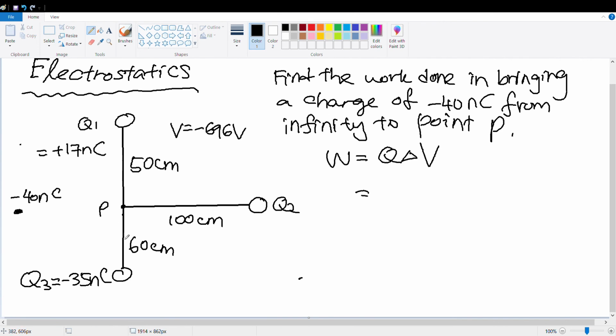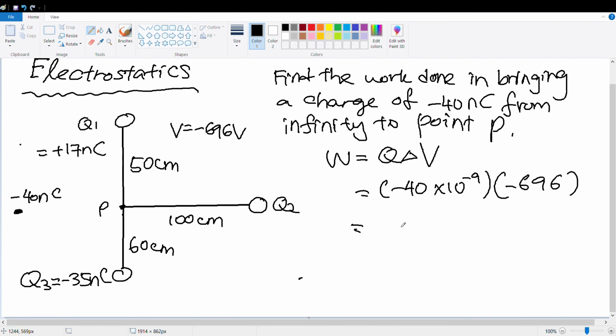Since Vp, the electric potential at point P, is negative 696 volts, the work done to pull this charge of negative 40 nanocoulomb to point P is negative 40 times 10 to the power negative 9 multiplied by the electric potential at point P, so negative 696.